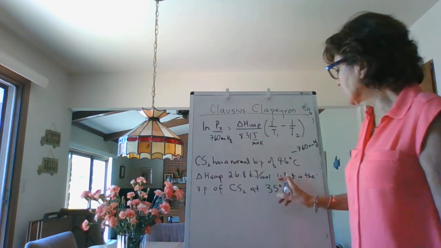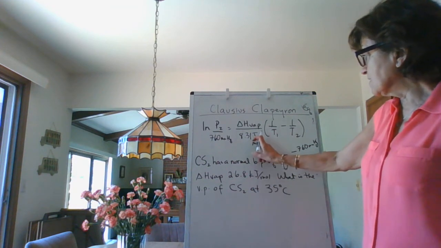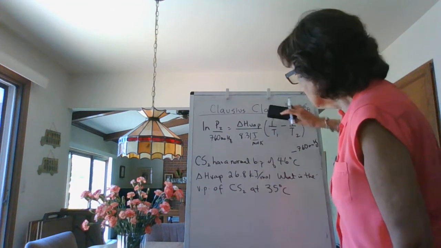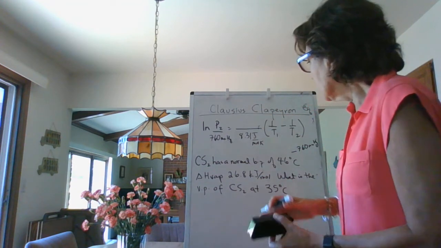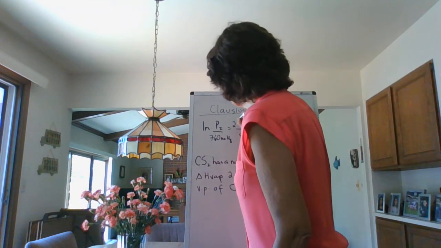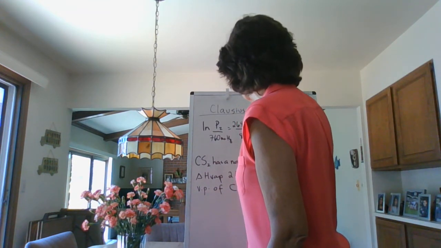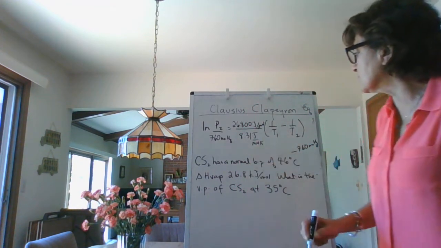The delta H of vaporization has been given to us. Since this is in joules, let's switch that to joules. So instead of 26.8, it's going to be 26,800 joules per mole. That way our joules cancel, moles cancel.